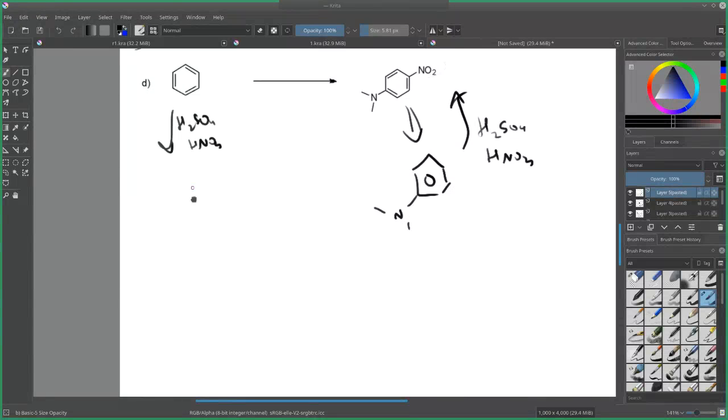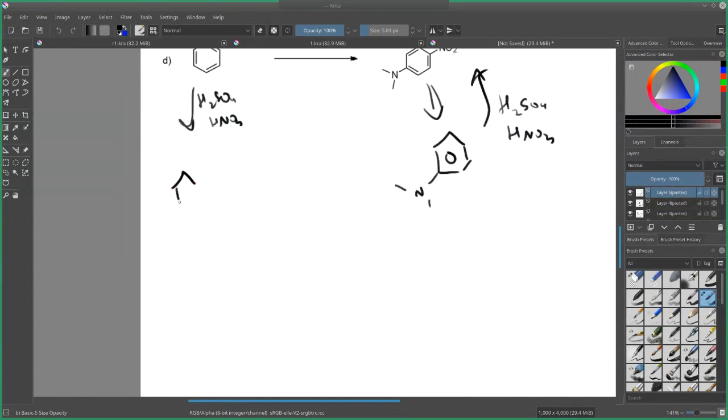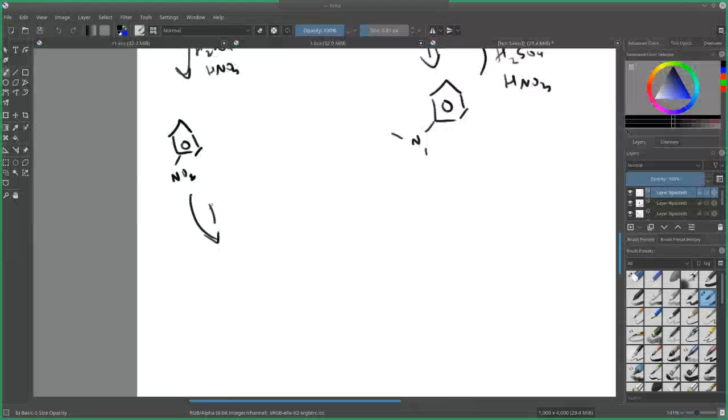We're trying to get a nitrogen onto the ring. So, okay, there's NO2, and you could do your usual reduction there. So, iron and HCl. NH2. And, all right, well, that's really nice, cool, we've got somewhere.